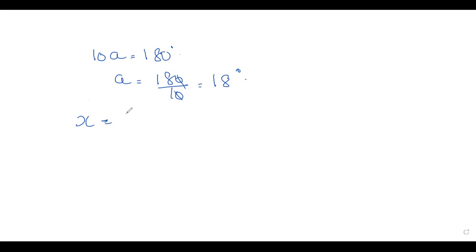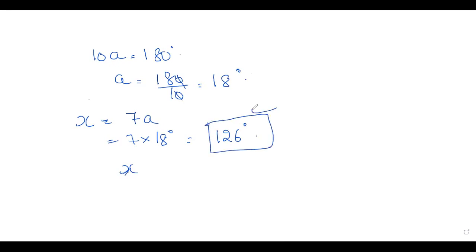So that is equal to 7a. 7 into, in place of a, write 18 degree. That is 7 eights are 56, 7 ones are 7, that is 126 degree. Therefore, x is equal to 126 degree. So you have to find the value of x, right? So that is 126 degree.